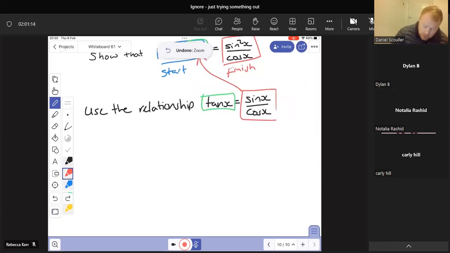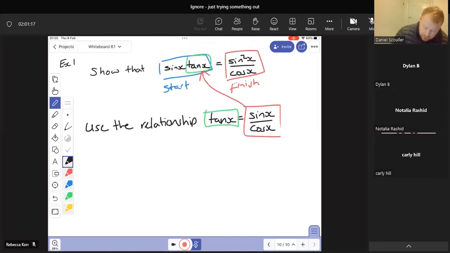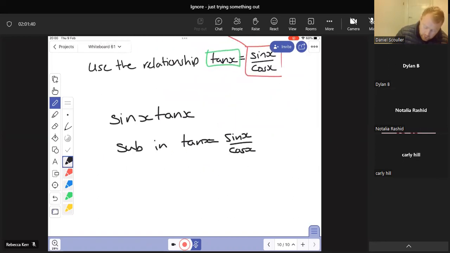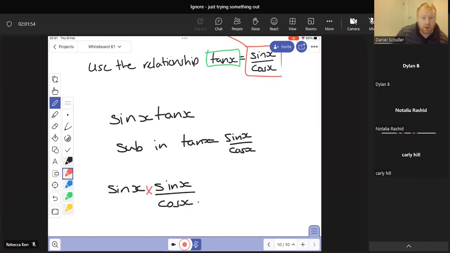A lot of boxes going on there. So my start expression, sin x tan x, sub in tan x equals sin x over cos x. So I'll end up with sin x multiplied by sin x over cos x. So that's like we put a wee multiply in there.